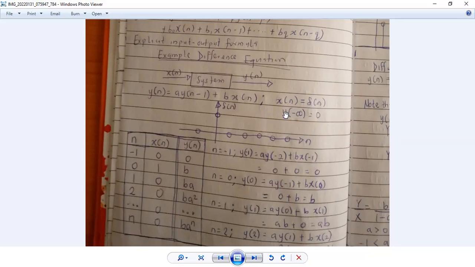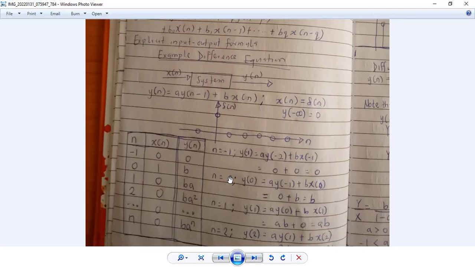Because for the negative values, we assume that the output is 0. So that's why it's 0. Then x of -1 is also 0. So at n equal to -1, the output is 0.